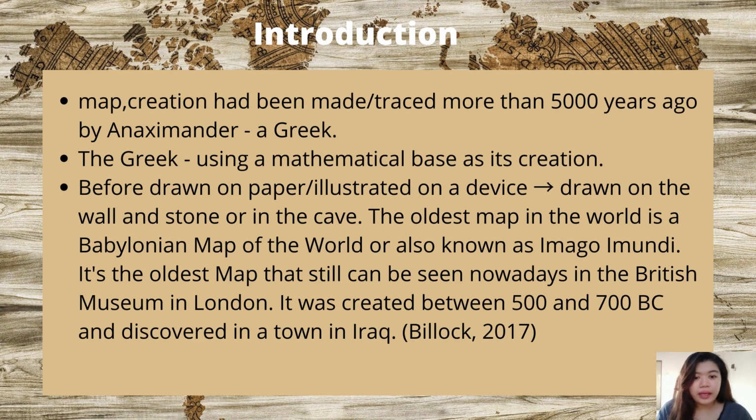The oldest map in the world is a Babylonian map of the world, also known as Imago Mundi. It is the oldest map that can still be seen nowadays in the British Museum in London. It was created between 700 BC and discovered in a town in Iraq.